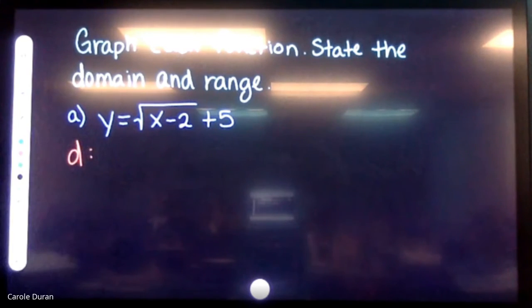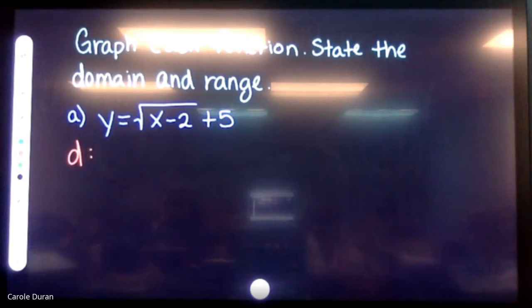How do I find the domain of my function? I have to do something with the x minus 2 that's under my radical.